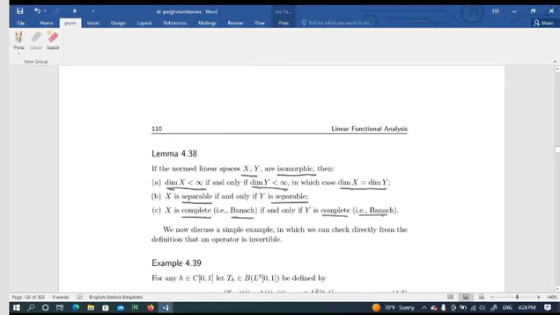Lemma: if the normed linear spaces X and Y are isomorphic, then the dimension of X is finite if and only if the dimension of Y is finite too.